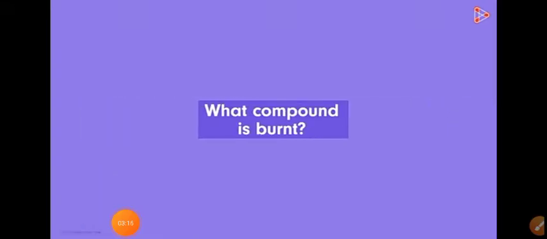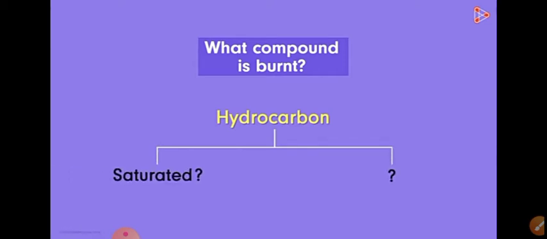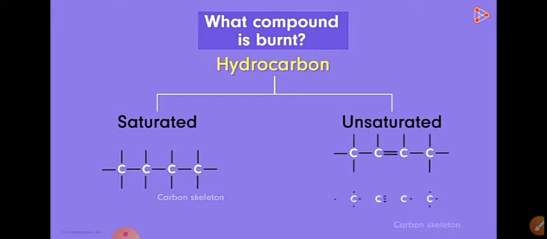So here we are going to discuss which compound is burned. Obviously it is hydrocarbon. There are two types of hydrocarbons. They can be saturated and unsaturated. Single bond comes in saturated, as we discussed, and double and triple bond come in unsaturated.